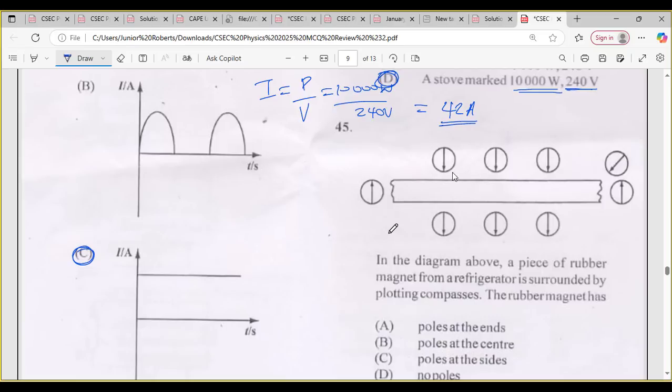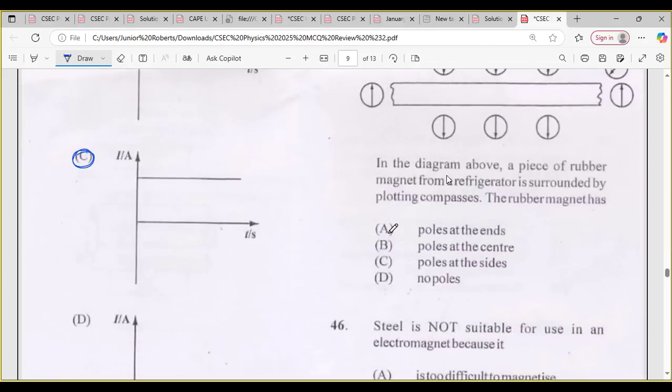If it's a south pole, it's going to point towards the south pole, and if it's a north pole, it's going to point away from the north pole. Since these are directed towards the center, it simply means that the poles are at the center of this magnet. So we're going to go with B for that one.